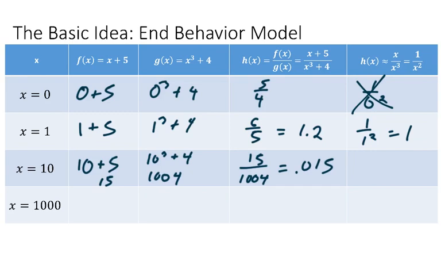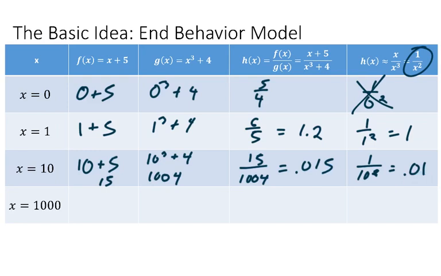If you do this one, it's going to be 1 over 10 squared, which would be 1 over 100, which is 0.01. So notice we're still pretty close, closer than we were here in fact. This one was off by 2/10, and this one is off by only 5 thousandths.